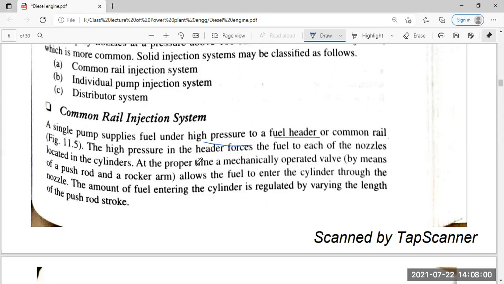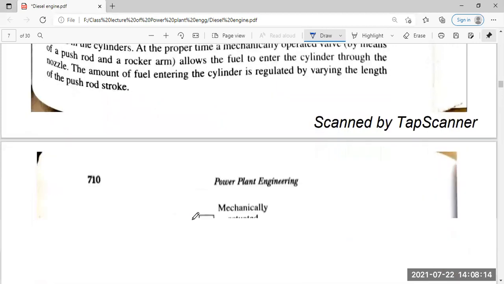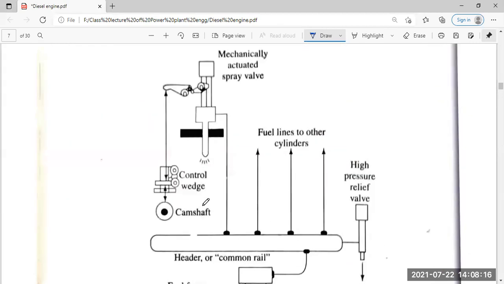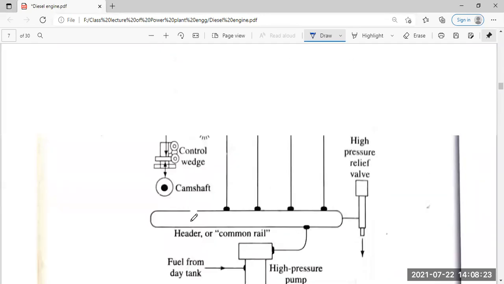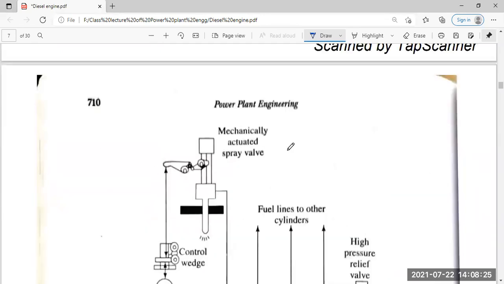The amount of fuel entering the cylinder is regulated by varying the length of the push rod stroke. The push rod is not shown in the figure, but actually it is the mechanically actuated fuel spray valve.